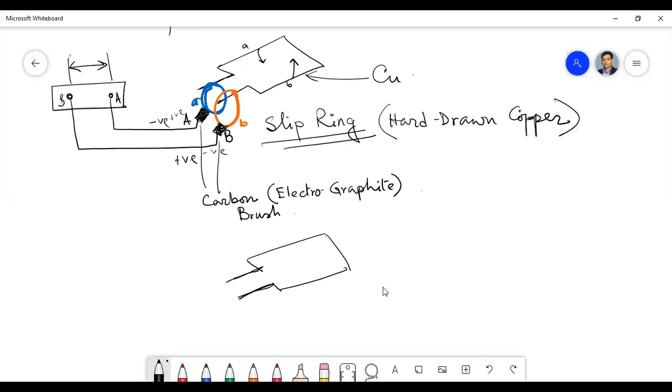But if we need rectified voltage waveform, then we need only one ring. Only one ring we need. But that ring should be splitted. One ring, but that is also a splitted ring.